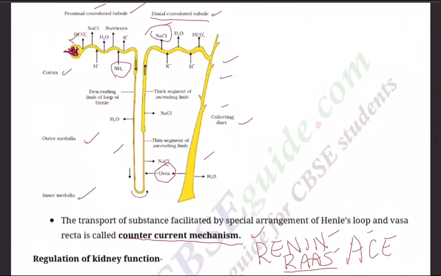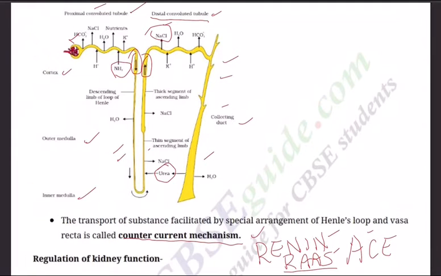As you all know, countercurrent means that the fluid flows in opposite directions in the two sides of Henle's loop. You are seeing here one direction and the second direction, down one side and up the other side.